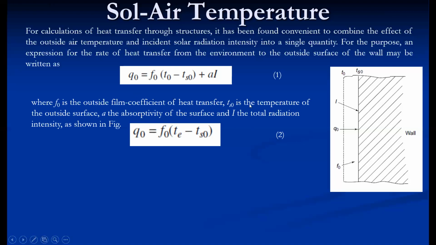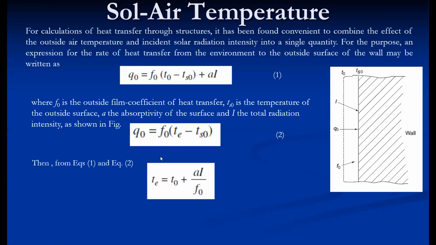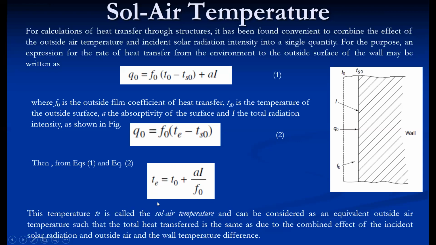So from this, in order to develop the equation of T, we can combine equations 1 and 2. So from 1 and 2, we can develop the equation of T. So that is the outside air temperature plus this component, which is the component of convection and radiation. So outside air temperature plus this component gives you the solar air temperature.